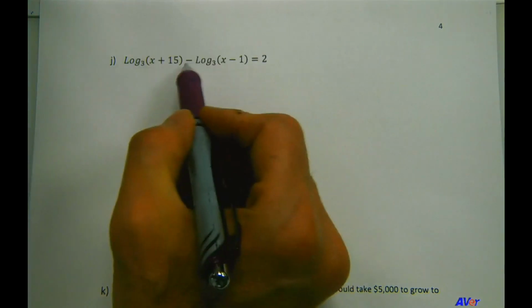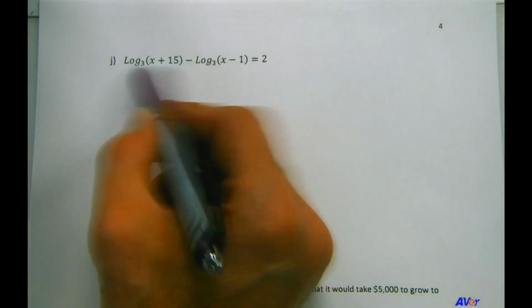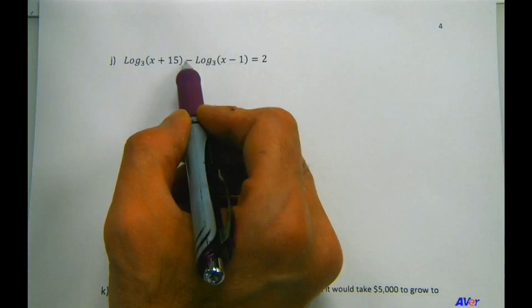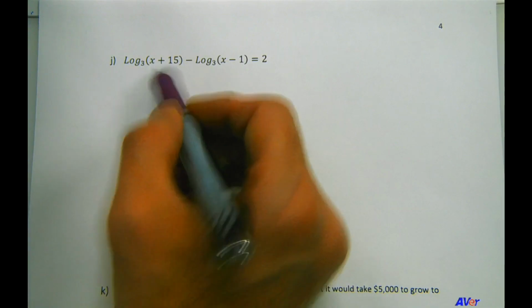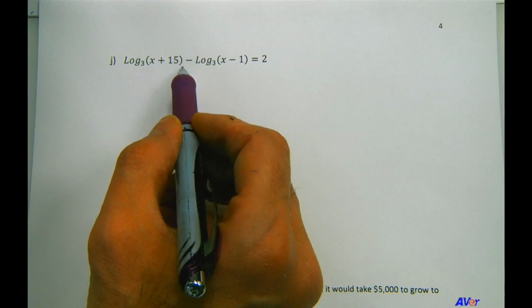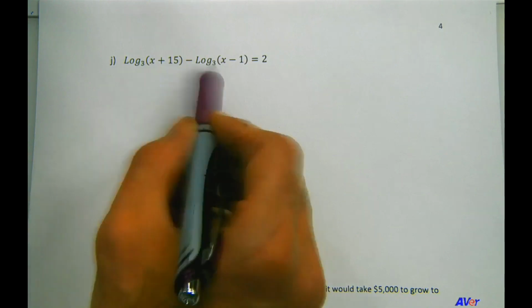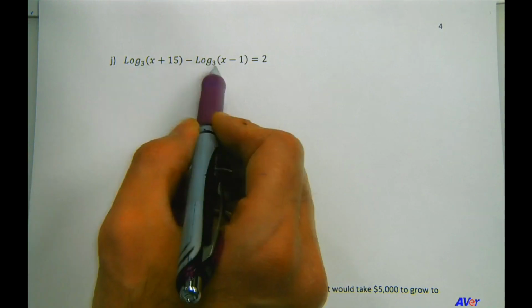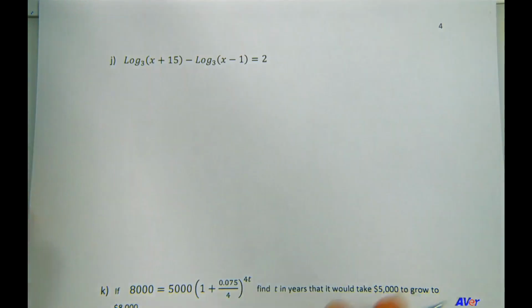We have a subtraction here, right? In between these 2 log expressions, we have a minus. We know there is a property that says we can convert this subtraction problem to a division problem. Especially look at the bases. The bases are equal. If the bases were not equal, we could not apply the property.